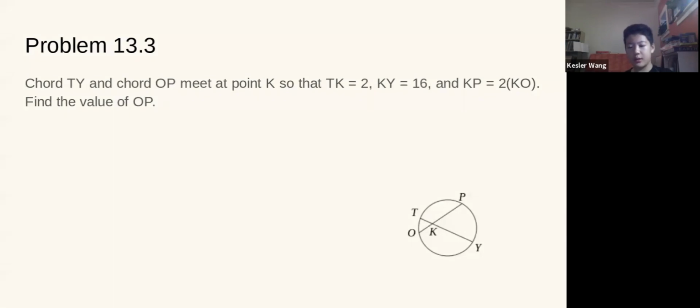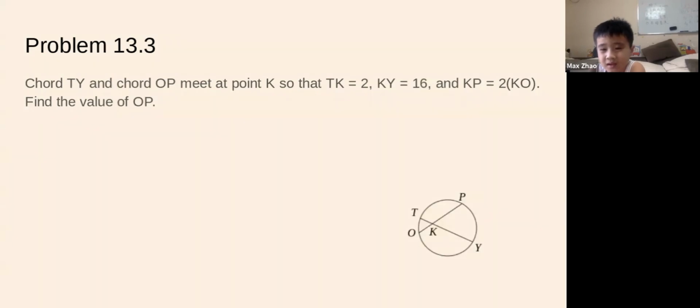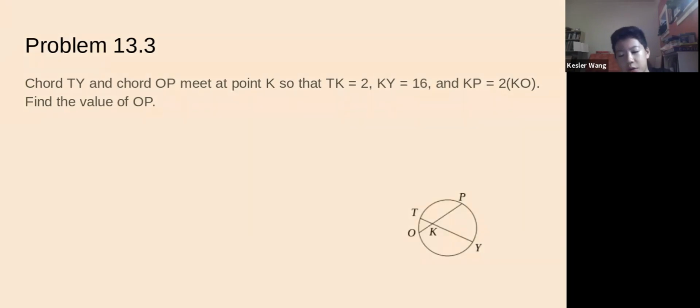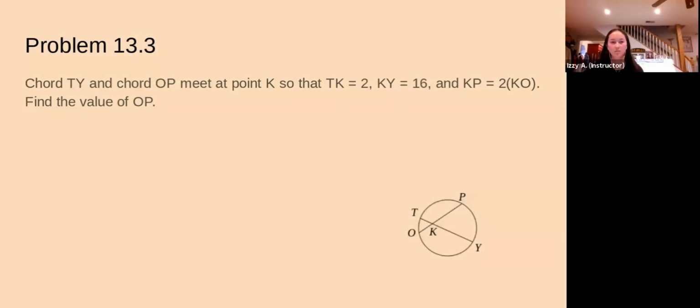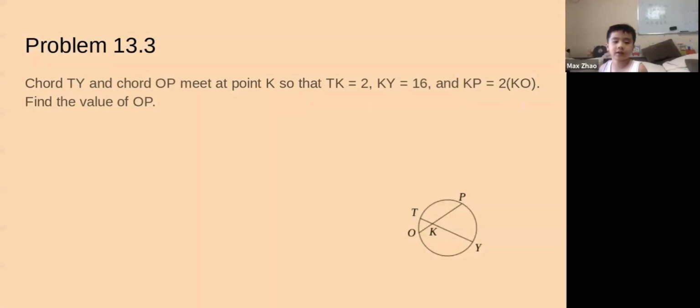Couldn't we say, using the power of a point theorem, because they both meet at point K, that KP equals TY? Can I say something here? Yes. So all we need to figure out is K, because K times 1 times 3 is equal to OP.